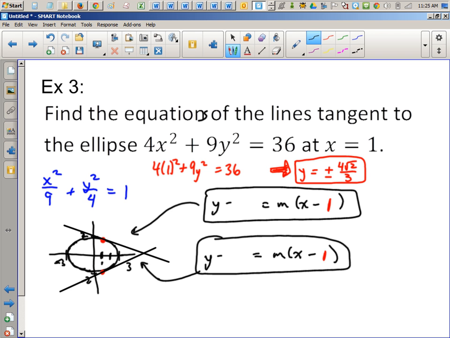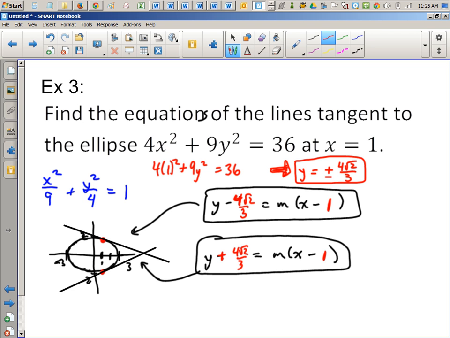Positive, right. We're talking about this upper line. The y is clearly positive. So let's put the 4 root 2 over 3 into the first equation. And we'll put the negative 4 root 2 over 3 into the other equation because, well, it's below the x-axis, right? So I think that makes this a plus 4 root 2 over 3, you see?